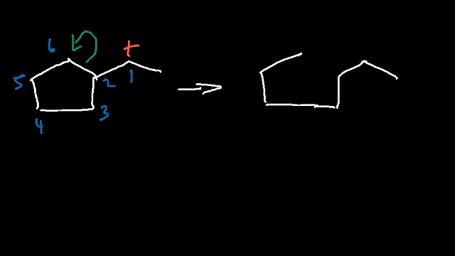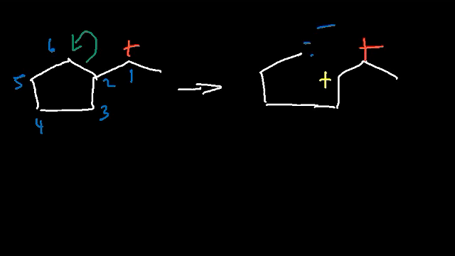And since carbon 1 has a plus charge, carbon 6 should have the negative charge. Otherwise, the two won't connect. So notice that carbon 6 took both electrons in that bond. So that's going to leave a plus charge on carbon 2.